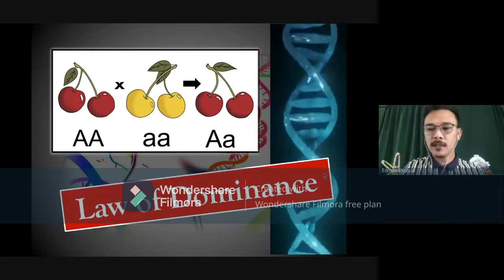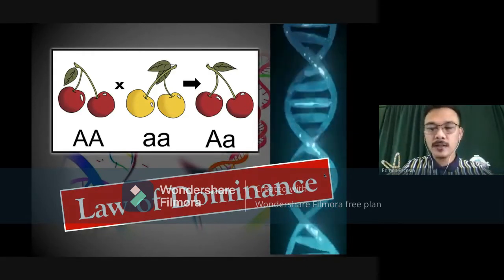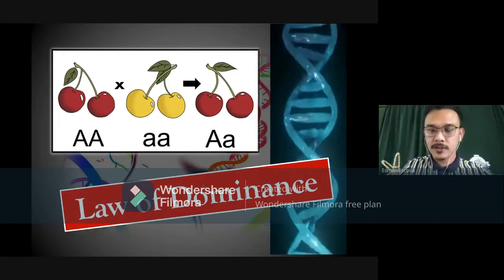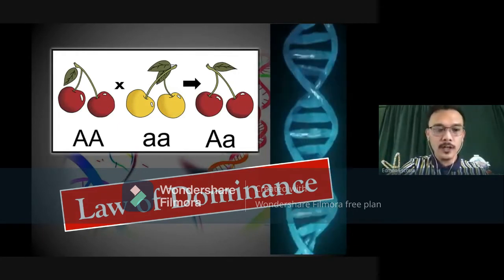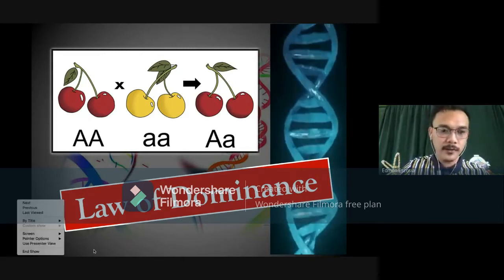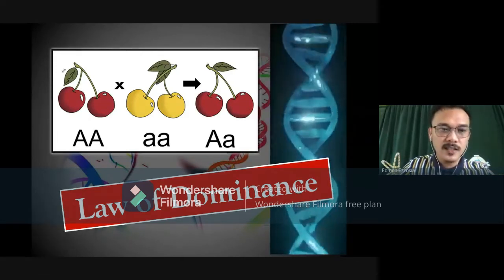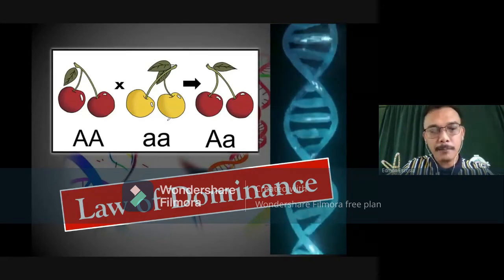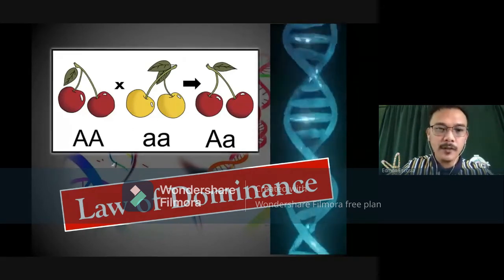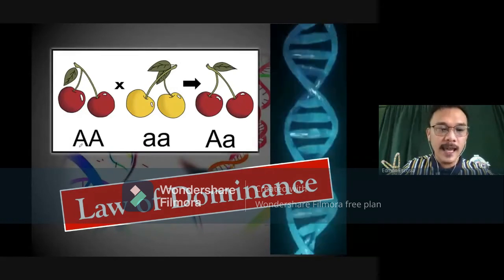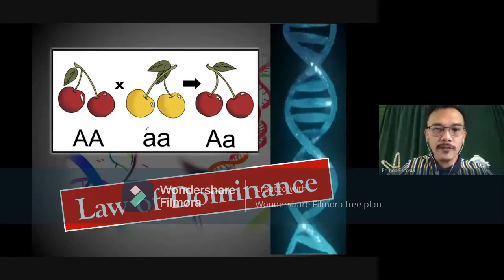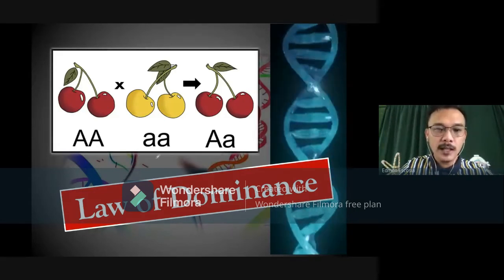So in law of dominance, one trait actually is dominant over the other. So example again is this picture. And if you're going to cross, okay, so let me use my pen for that one. So this is the red apple and this is the yellow apple. The genotype of the red apple is homozygous capital A, capital A. The genotype of yellow apple is small a, small a.